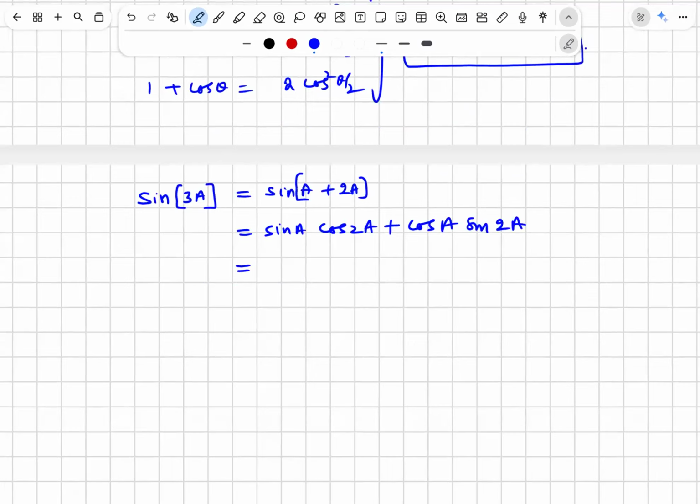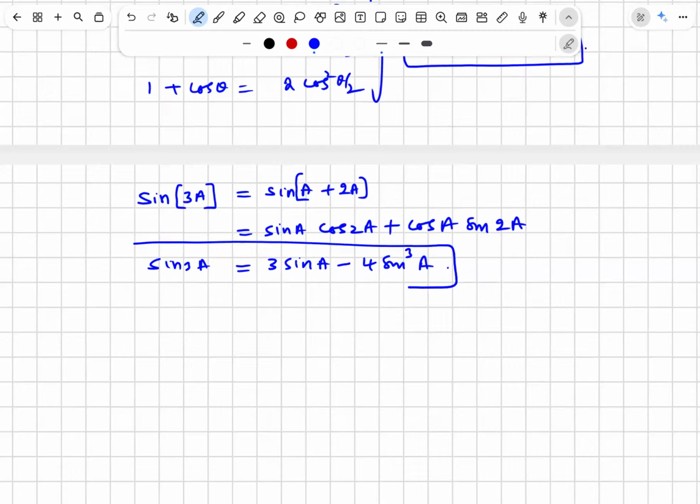Now you tell me after expansion what you will get. Sin 3A is equal to 3 sin A minus 4 sin cube A. Trust me, this is what we might use at a later stage.